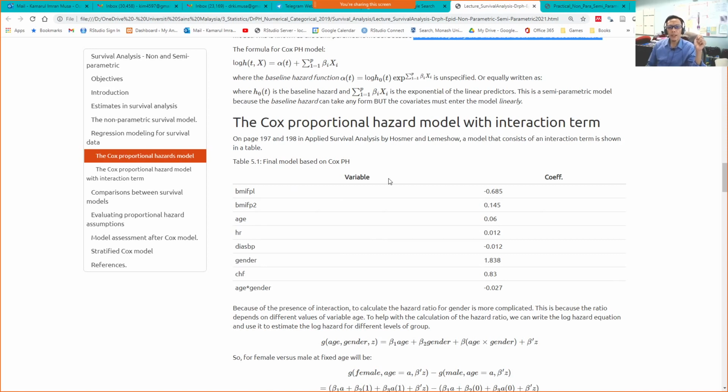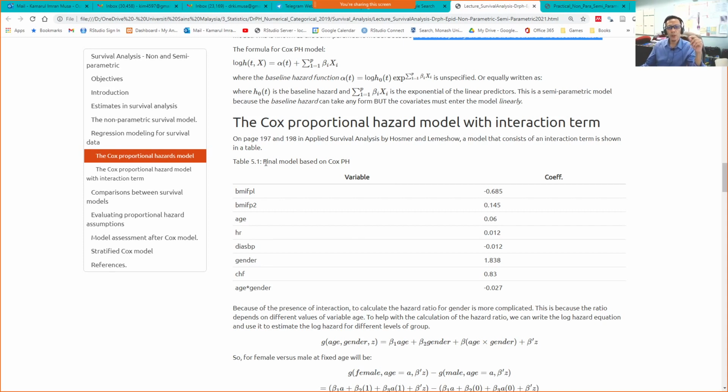If you look at the Applied Survival Analysis book by Hosmer and Lemeshow, I skip the model with no interaction term because we learned that already last semester. So now we have a Cox proportional hazard model with an interaction term.